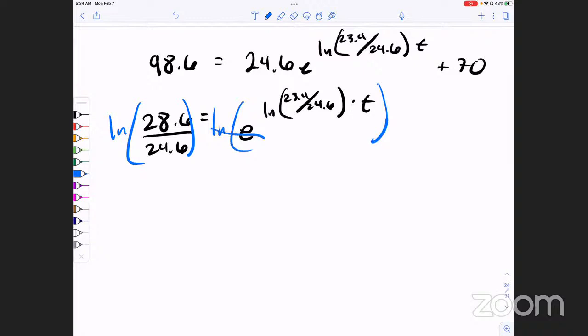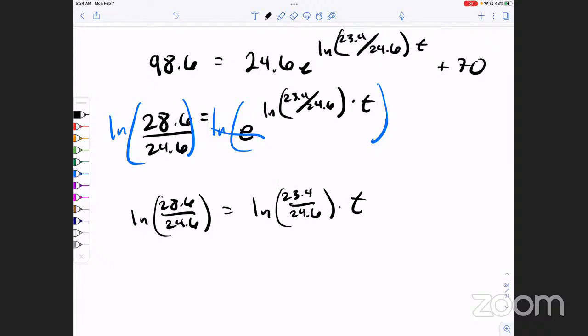These cancel. Okay. The natural log of 28.6 over 24.6 equals the natural log of 23.4 over 24.6 times T.